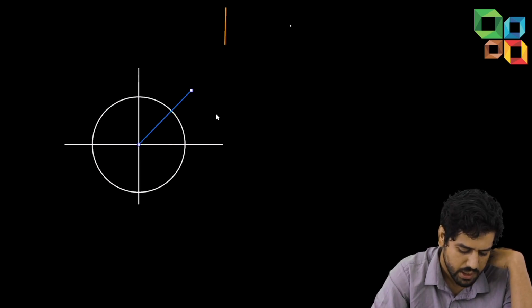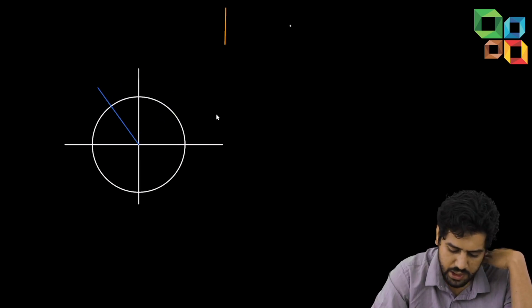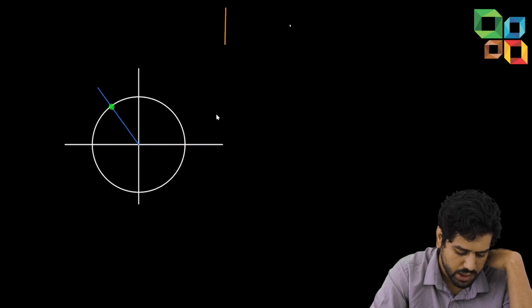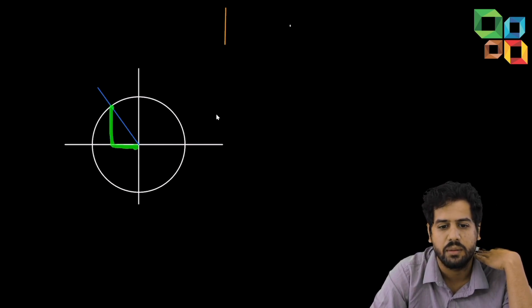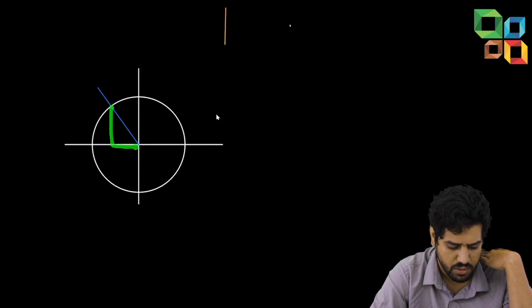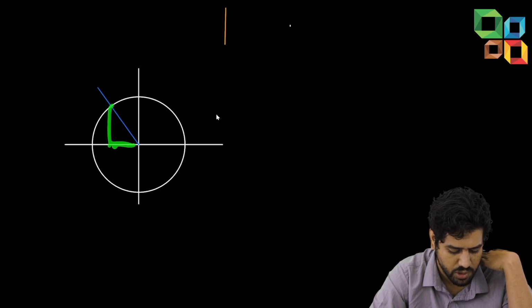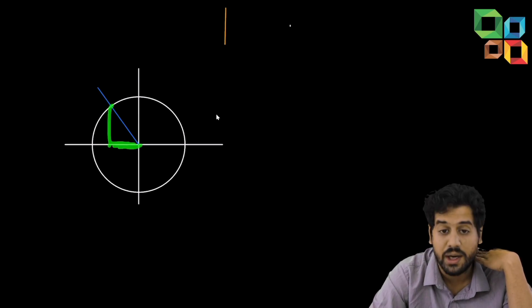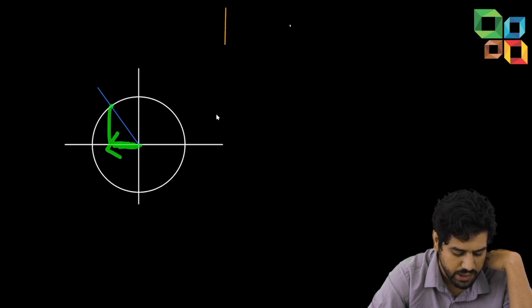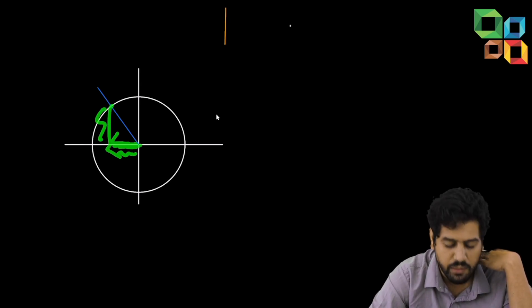No doubt about it. If you go to the second quadrant, y coordinate divided by x coordinate, correct? Is the y coordinate positive? Y coordinate is positive. What about the x coordinate? X coordinate is negative, right? Because you're moving in the negative direction here, correct? So positive divided by negative. So the tan value is positive.